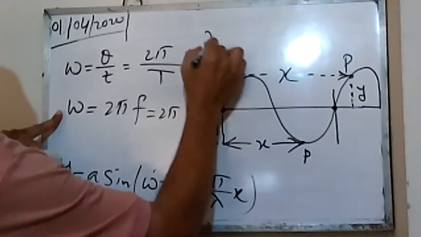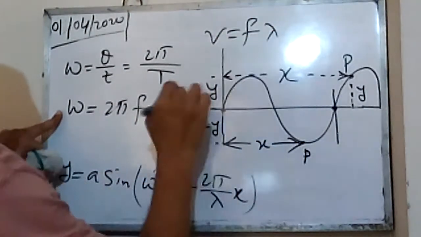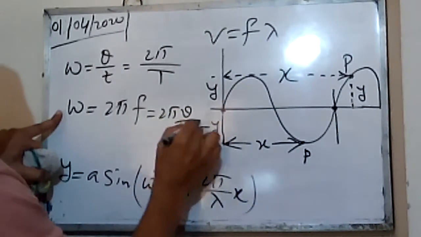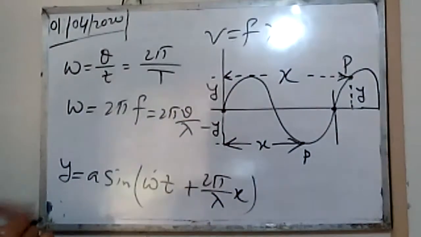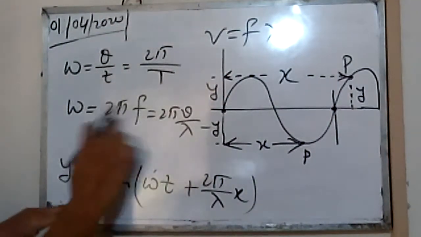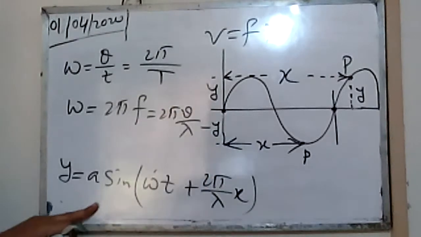We know v equal to f lambda, then f equal to v by lambda, then omega equal to 2 pi v by lambda.